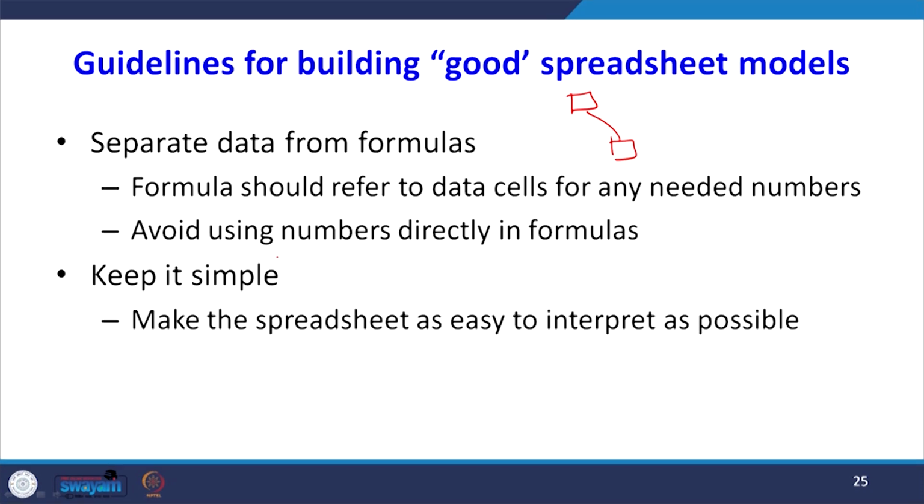If you are writing formulas, do not write the exact value in the formula, always refer to the data cell, because at a later stage if you want to modify the value of the data, the formula gets updated automatically. Then keep it simple, make the spreadsheet as easy to interpret as possible.